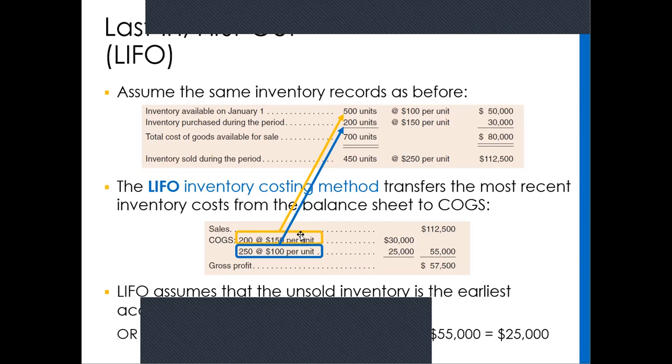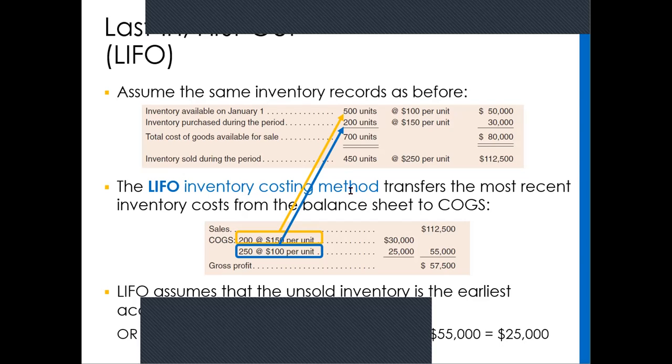Oh, they did actually. Take that back. 200 at 150, yep, we got that layer. I guess the colors are backwards. The yellow is the latest layer, 200 units at 150, and 250 units at 100. Okay, so the math is right, just the colors are wrong.